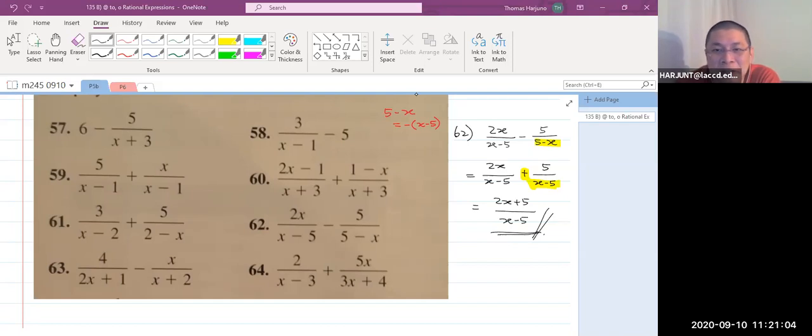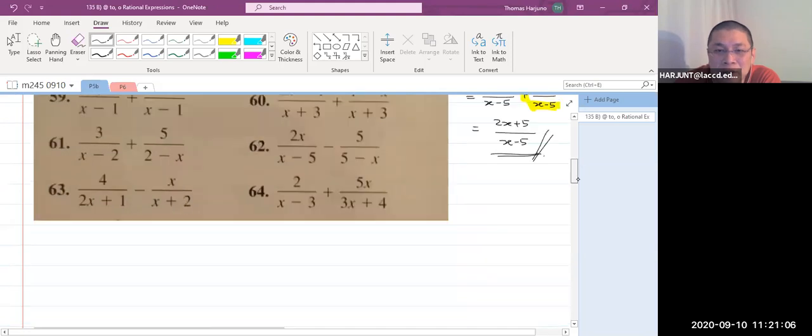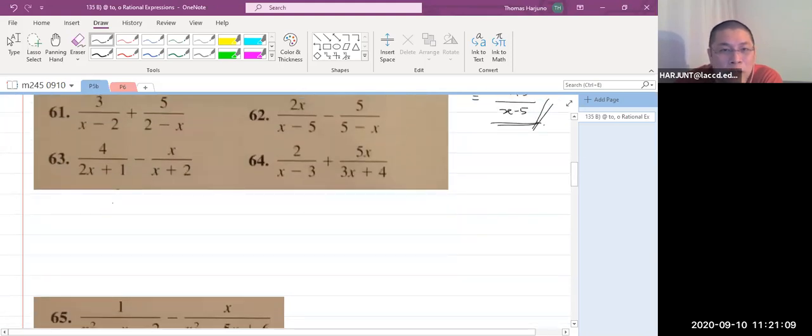Okay, number 64. Let me do it down here. Number 64. What happens if we have 2 over x minus 3 plus 5x over 3x plus 4? Now, the LCD will be the product of those two denominators. They're already simple, cannot be factored further. So the LCD will be those two. So I will adjust that.